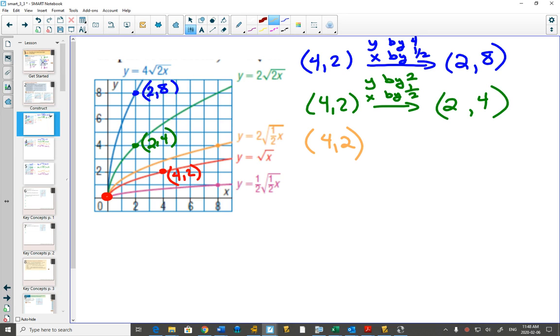The orange one. What happens to 4, 2? Now we have a 2 on the outside. Y is going to get multiplied by 2. We have a 1/2 on the inside. Means that x is going to get multiplied by the reciprocal, 2/1.